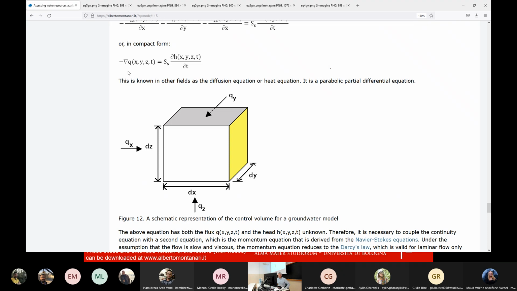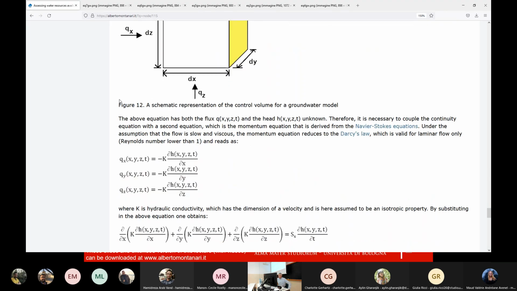Keep in mind this equation, there is a note here: it is known in other fields as the diffusion equation or heat equation, because the flow of water in the aquifers indeed can be described by the diffusion equation or the heat equation. Okay, now you see here the above equation has both the flux Q and the head H unknown.